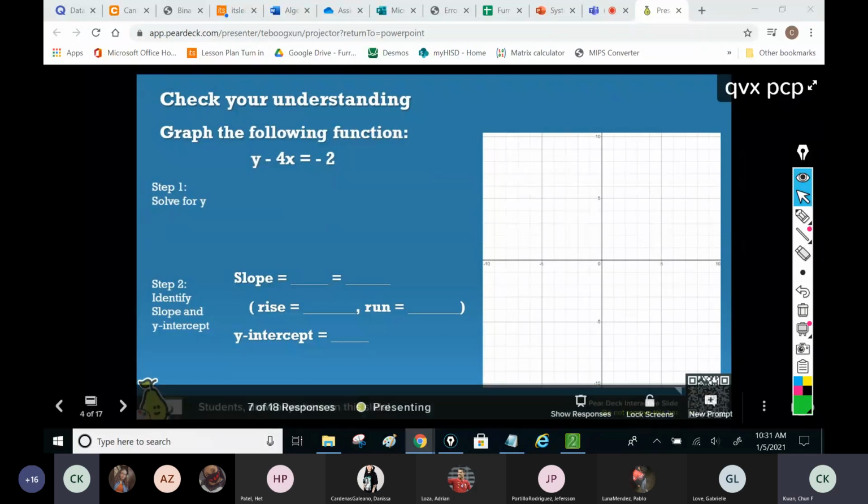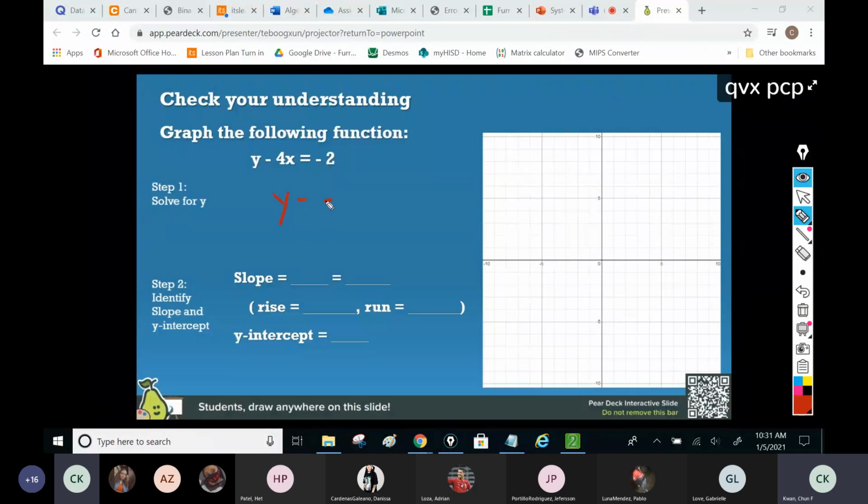All right, so some of you guys are doing something like this. You guys put y equals negative 2 plus 4x, something like that. It's fine, but I just prefer having the 4x in the front. So I'm going to put the 4x in the front right here.